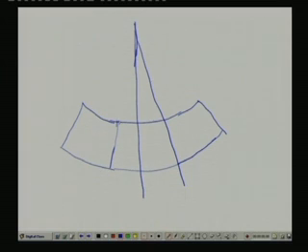The section got bent in a similar manner, and this is what we call the neutral axis. If we consider the original line, it has been deformed to this line as shown in the figure.